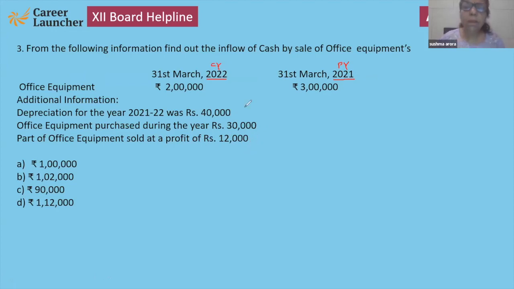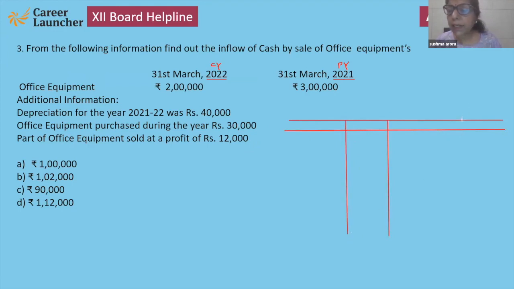Don't waste your time without thinking. Just make one office equipment account, so you will be able to calculate anything. When I taught you this chapter, that time also I told you, use the proper method. Office equipment.